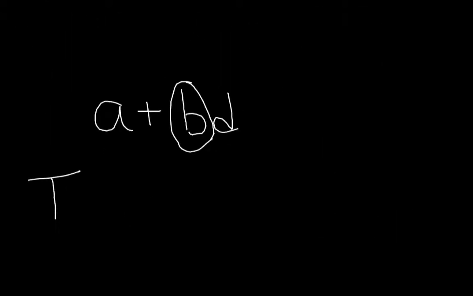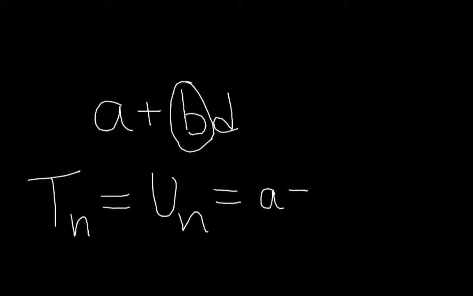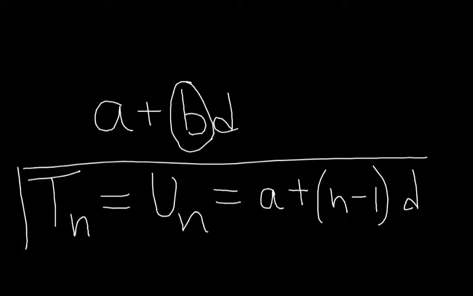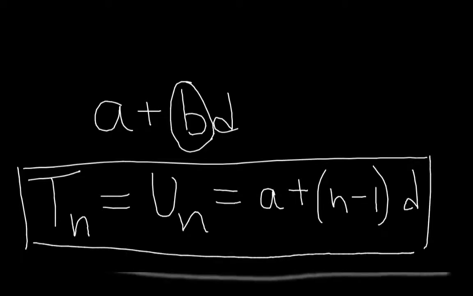So my nth term, the last term, whatever you say, my un will be nothing but a plus n minus 1 into d. A very important formula. Understand this very clearly. You can go back and redo this, because this is a very important formula.